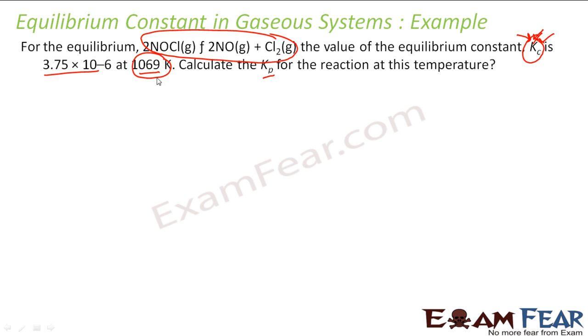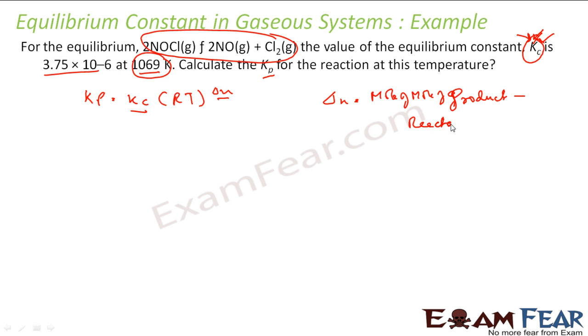Both have to be there. So anyway, let's find the Kp value. So Kp is nothing but Kc RT to the power delta n. Kc is given, RT something we know, delta n something we have to find. So delta n is nothing but number of moles of gas, product minus reactant.